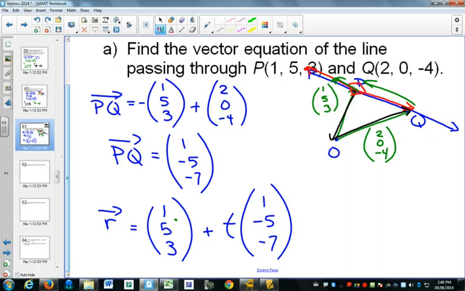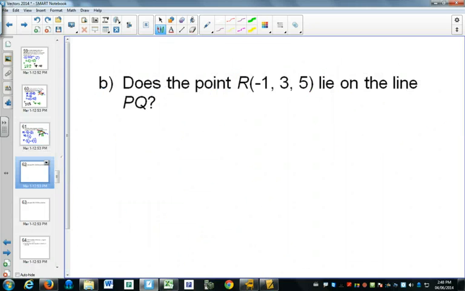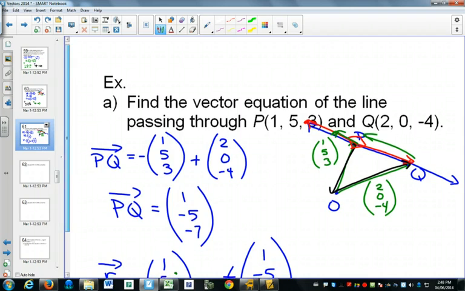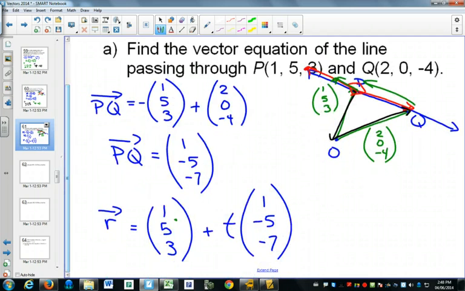Okay, part B. Part B says, does the point negative 1, 3, 5 lie on the line? Well, if it lies on the line, and this is where our parametric equation comes in, so we've written out our equation right here, R equals 1, 5, 3.